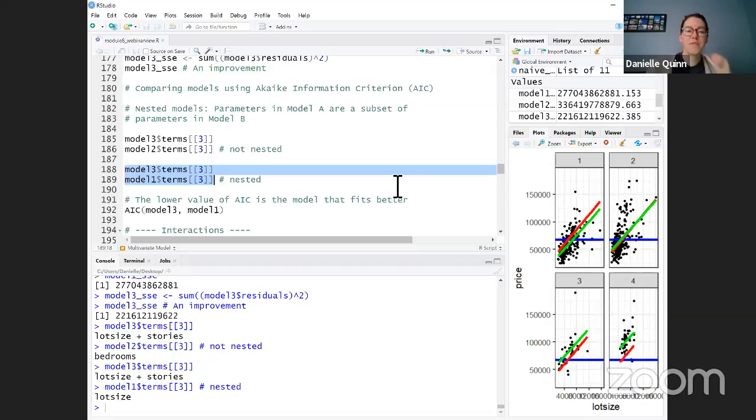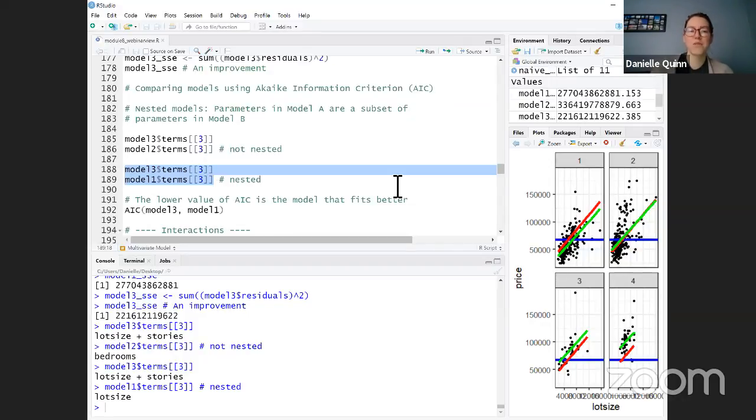The other thing that you have to make sure of when you're doing AIC, and it's not a problem here because we don't have any missing data, but if you're working with a data set that has a lot of missing values, just know that if you try to include those in a model and say you're missing a bunch of the stories, right? You're missing information about stories, it's going to drop those points automatically.